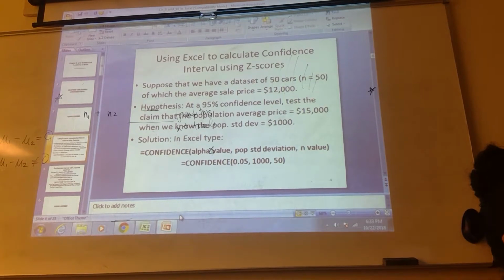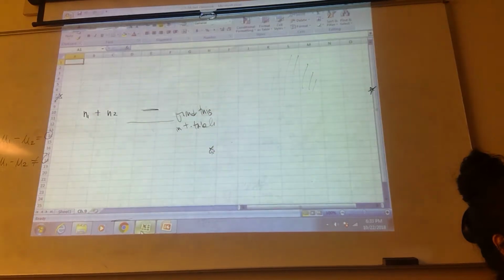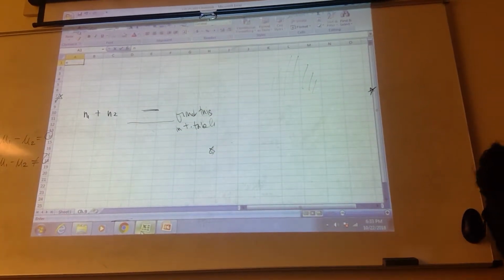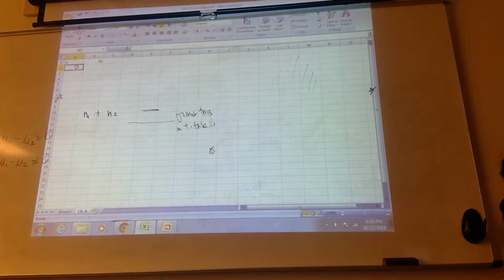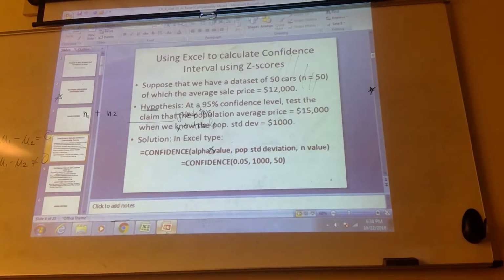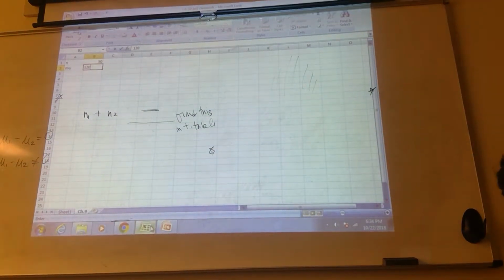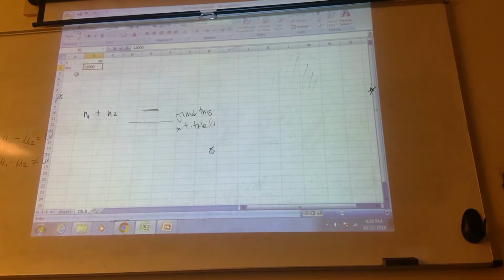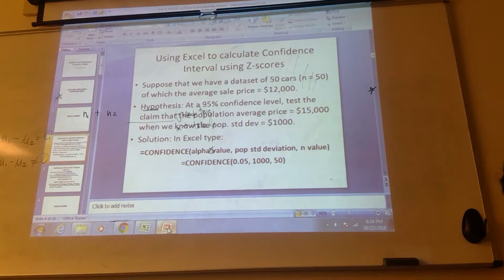Okay, so n equals 50, mu equals 12,000. We're going to do n is equal to 50, and mu equals 12,000.